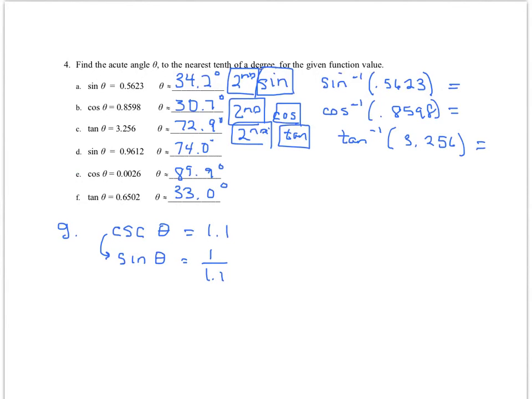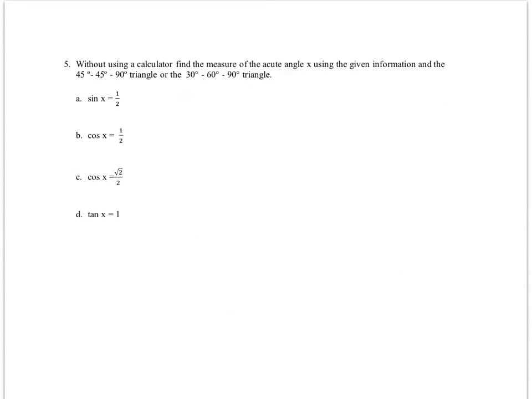So to get theta in this instance, we would do second sine and type in 1 divided by 1.1 and hit equals. And in this case, theta is approximately 65.3 degrees.